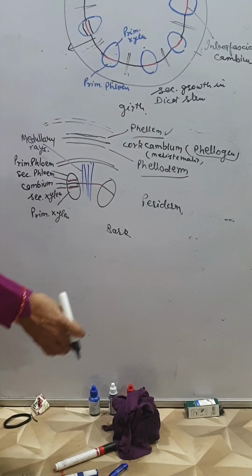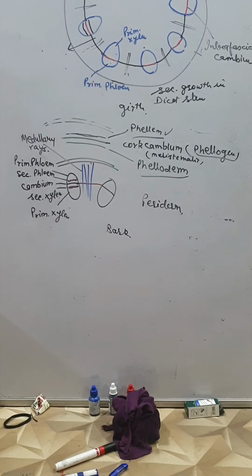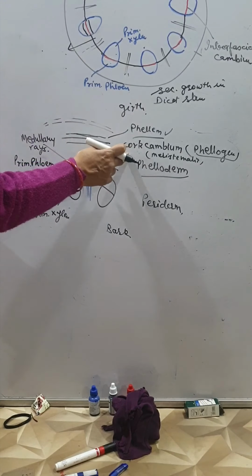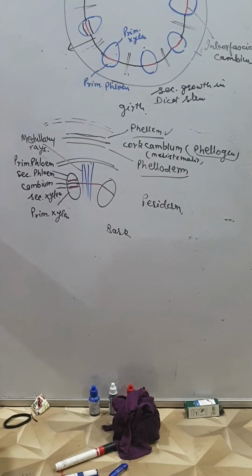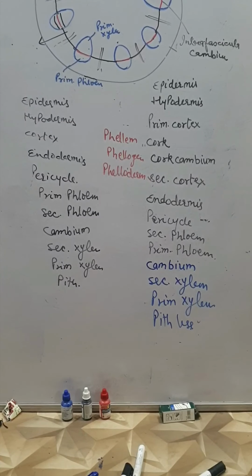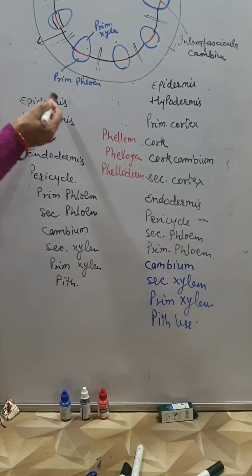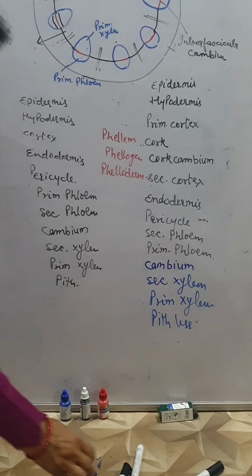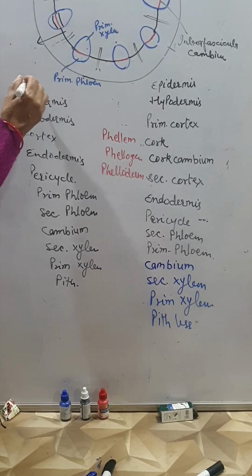So now we see again the activity of the cork cambium and the tissues lying in sequence. Now these are the tissues of the primary growth.